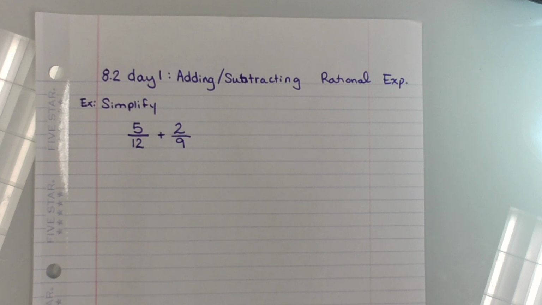So, what is the least common denominator between 12 and 9? Three is the greatest common factor, not the least common denominator. Least common denominator is the smallest thing that I can turn them both into via multiplication.